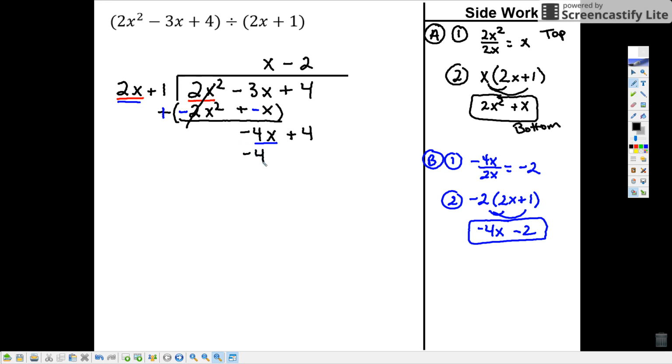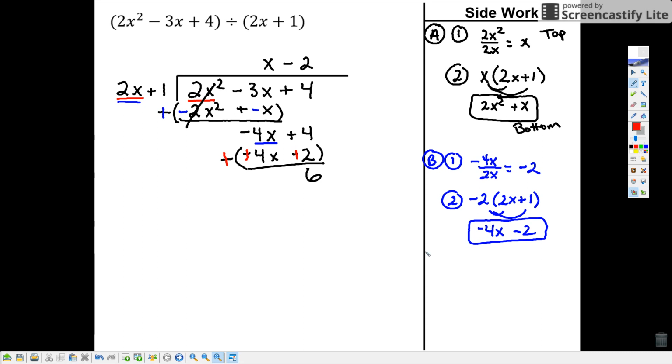It's right underneath here. And then once again, I subtract everything. And I personally like to switch signs. You don't have to. This is a Miss Booth preference. And then I go ahead and add straight down. Negative 4x plus 4x is 0. 4 plus 2 gives me 6.